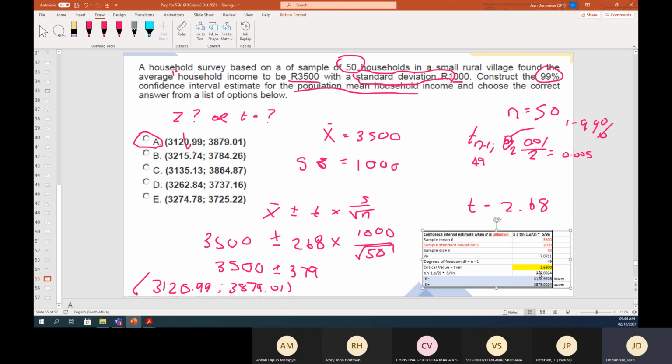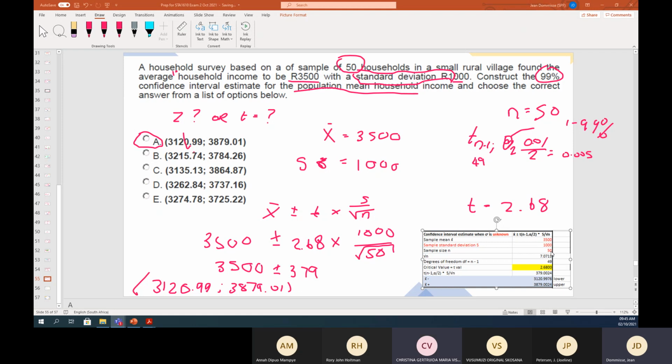Christina, on that, can you quickly change the critical value to 2.58, please? 2.58. And just tell me what your answer would have been then for the lower or the upper.